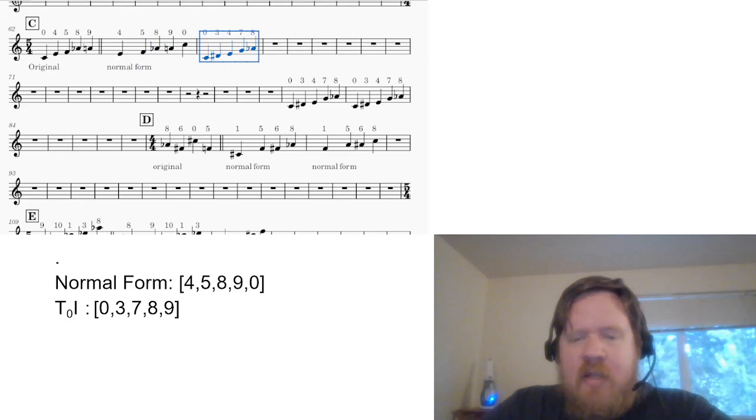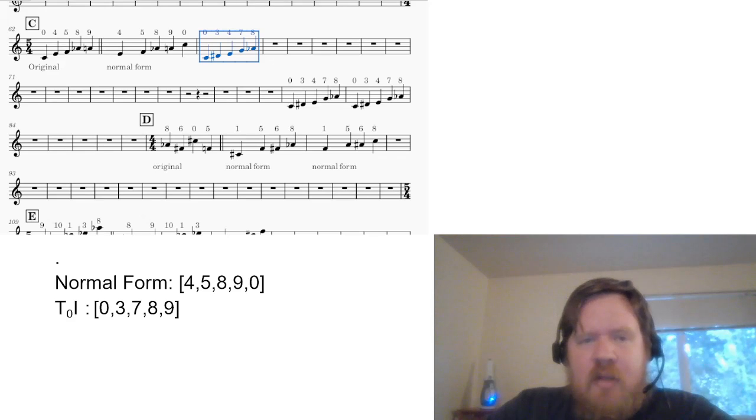So we would write T subscript 0i, T0i, with the brackets, and this is going to be our inversion. It would be possible to do this completely with numbers without looking at the notation or the keyboard or the clock face. Maybe we'll do the next one that way and see how that works. But there we go, that's that one.